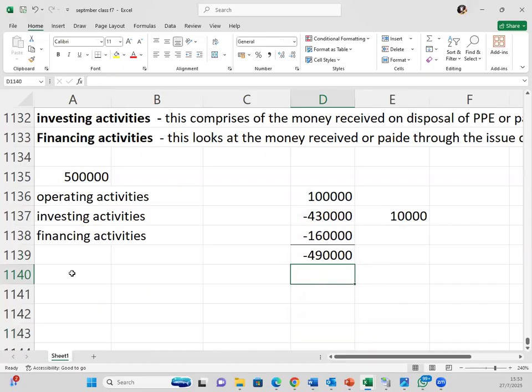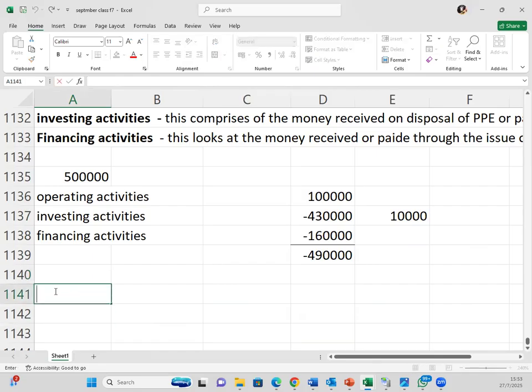Now we have justified why we're being told we are left with 10,000 after there's been an investment of 500,000. But we might again need to analyze this further. You are saying the operating activities brought 100,000. What exactly was it that brought the 100,000? So we can sub-analyze the profit from operations. To sub-analyze these profits, we need to come up with the cash flow statement.